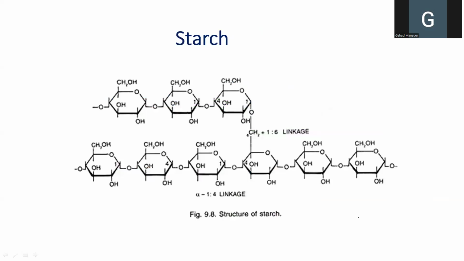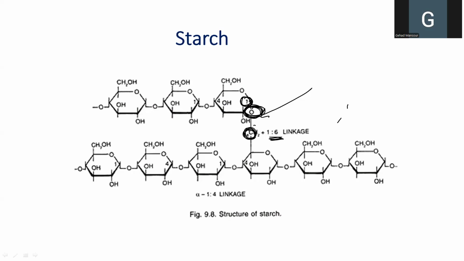This is how starch looks like, and you can see that there is branching here. This is the branching point, okay? And this is the O of the glycosidic linkage, and it is a 1,6 linkage because it is a link between carbon atom number 1 and carbon atom number 6.